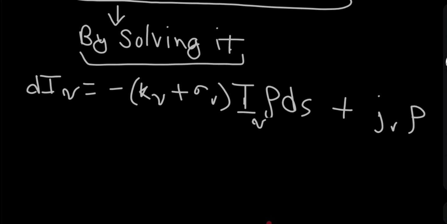I hope you all know what the terms are. This is the scattering coefficient, this is the absorption coefficient, this is the emission coefficient, and the rest of the terms you are familiar with.